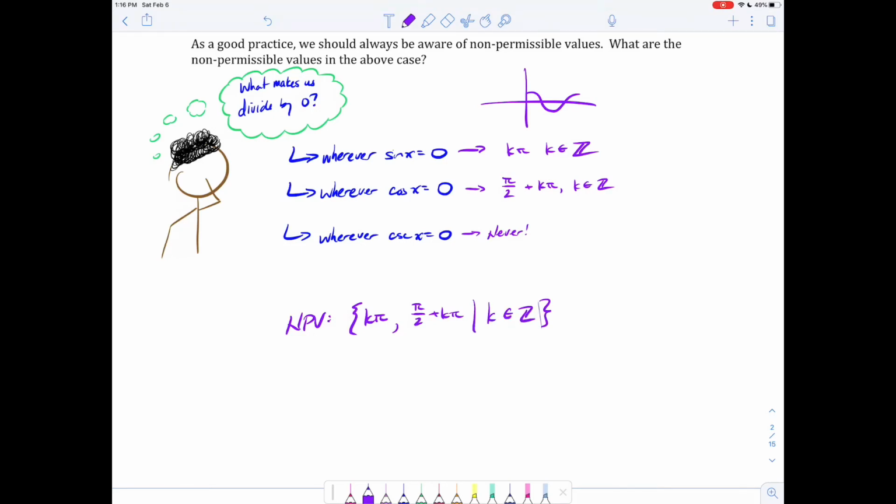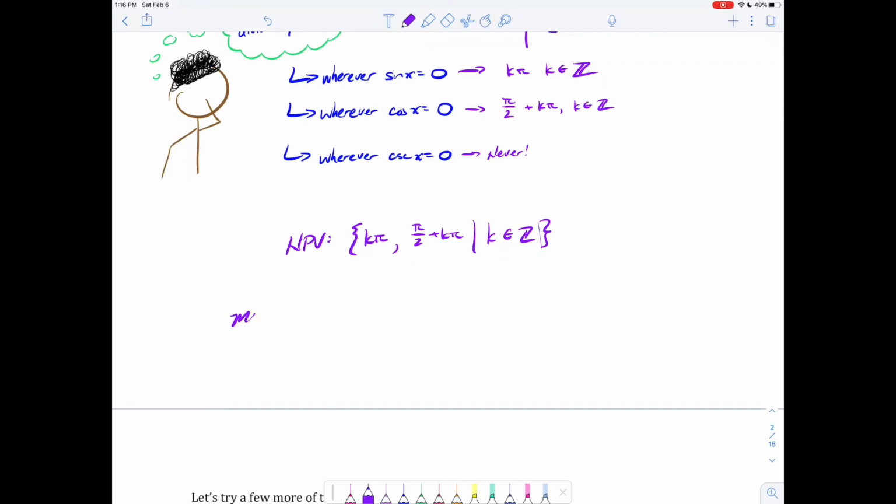Or if we want to make that more succinct, which we can, it's actually just every single multiple of pi over 2.